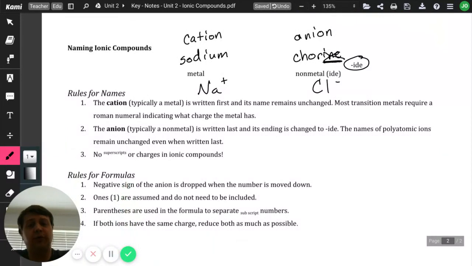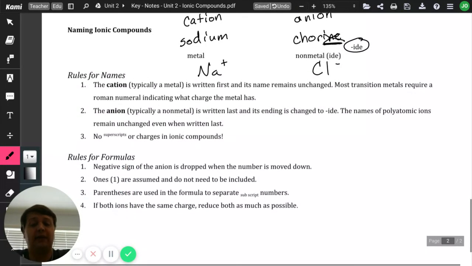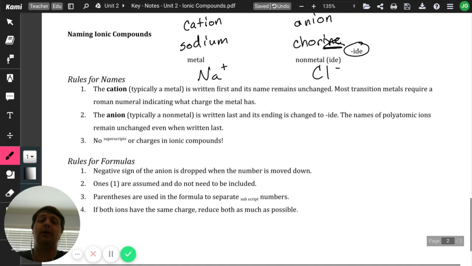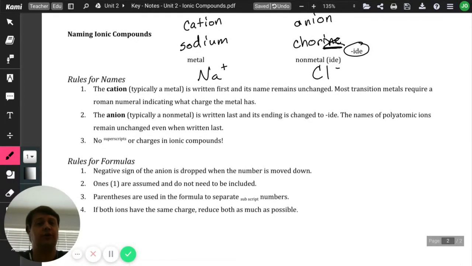Here are your rules for that. If we're writing the formula, basically you're just going to be making sure that you're canceling out those charges that we're working with. So if I've got magnesium and I've got chlorine, magnesium has a +2 charge, chlorine has a -1 charge. I like to say swap, drop, reduce. So what do I mean by that?